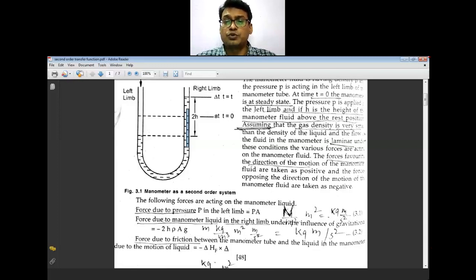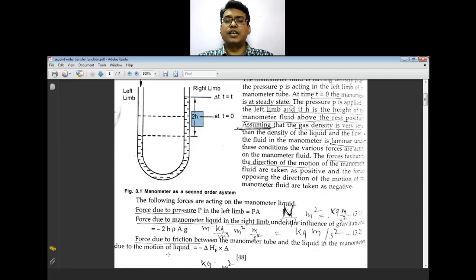So the force due to the manometer liquid in the right limb under the influence of gravity is 2H rho G into A, because we have taken the height as 2H.